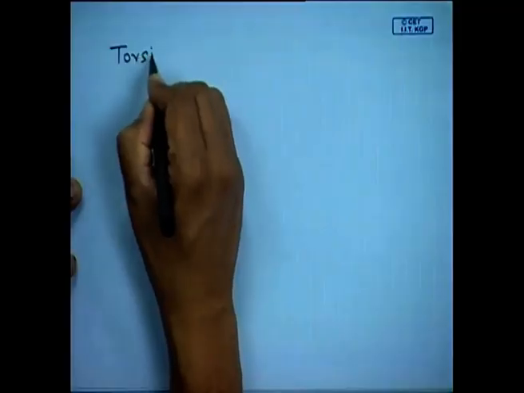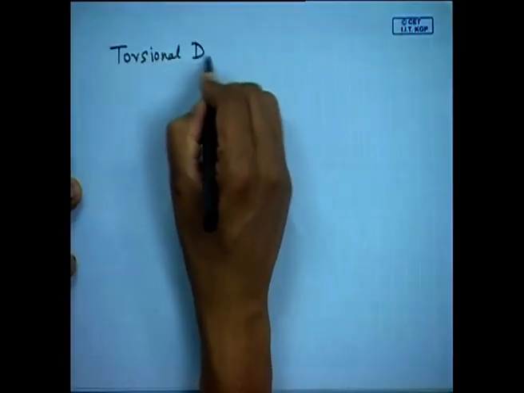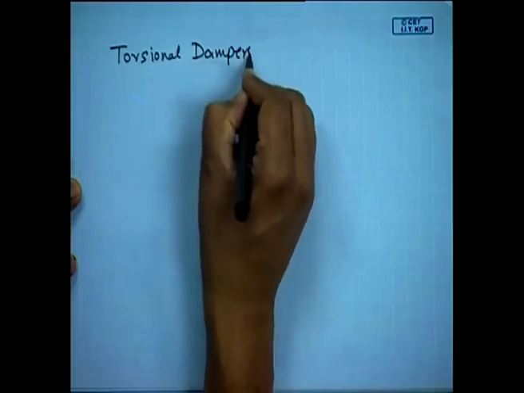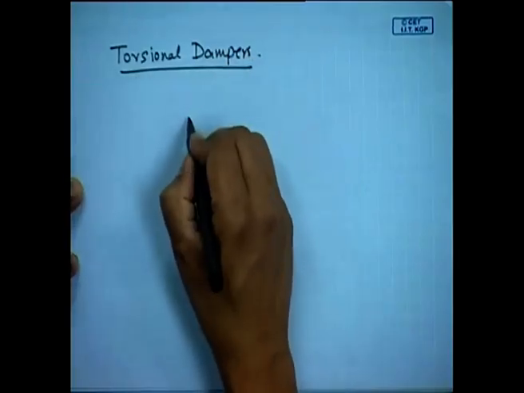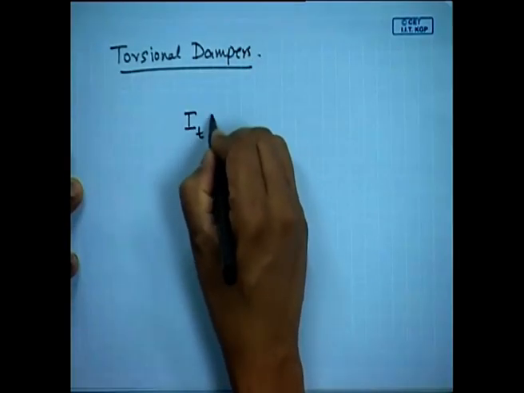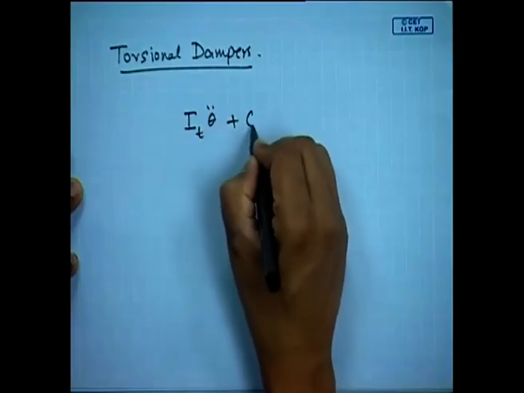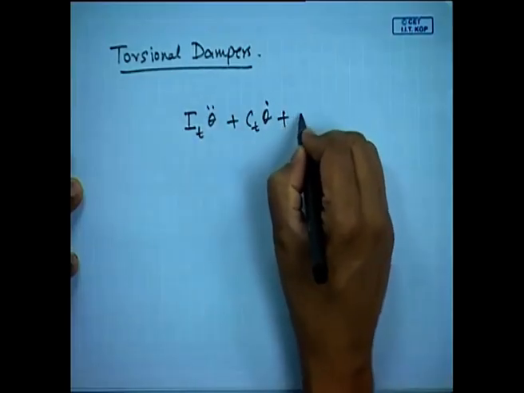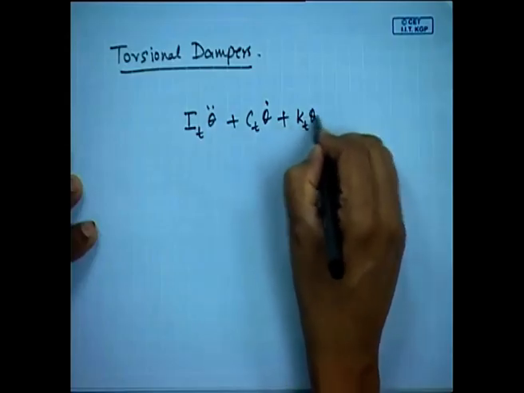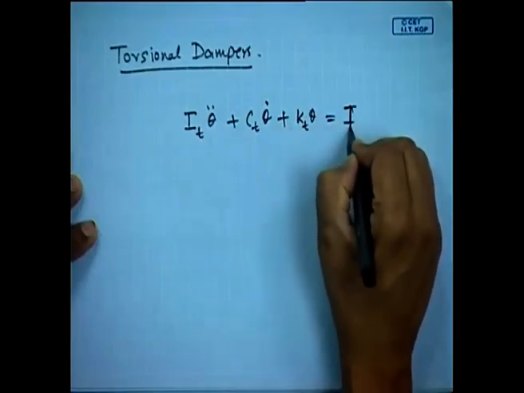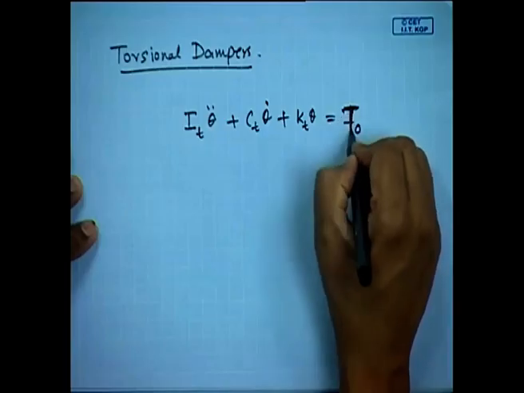Another engineering application is this torsional dampers. You recall, I had written this equation I_t theta double dot plus C_t theta dot plus k_t theta is equal to some forcing function, torque.